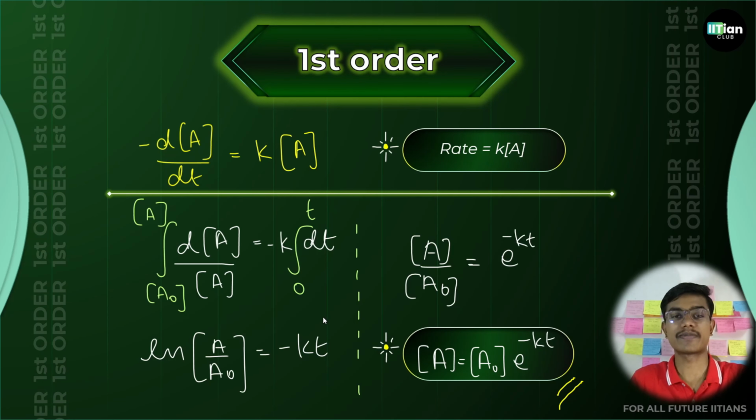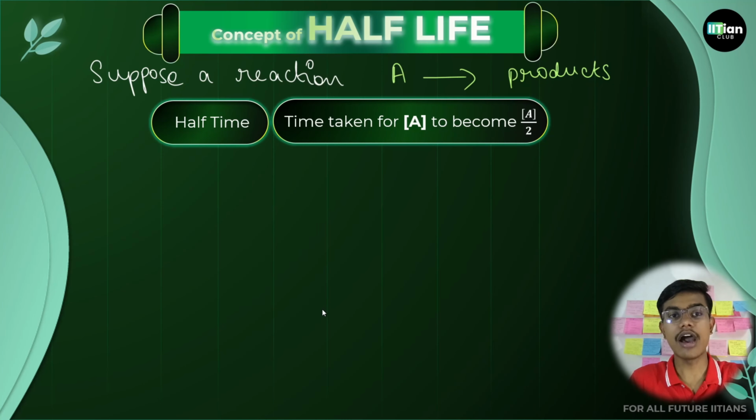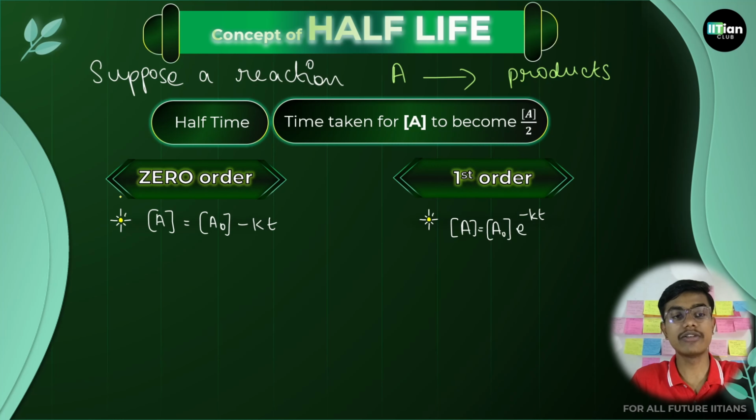The next concept is the concept of half-life. Half-life is the time taken for the concentration of A to become half of it, that is concentration of A divided by 2. What we'll be doing here is calculating the half-life of a zero order reaction and a first order reaction. For zero order reaction, we know that concentration changes with respect to time following this expression.